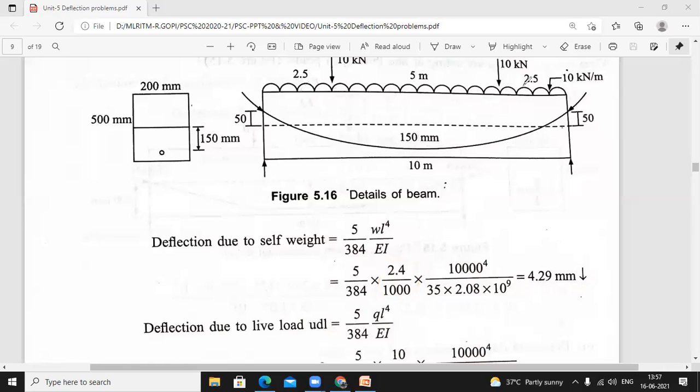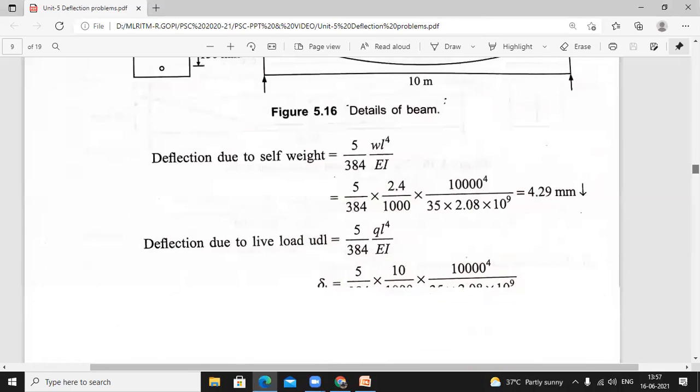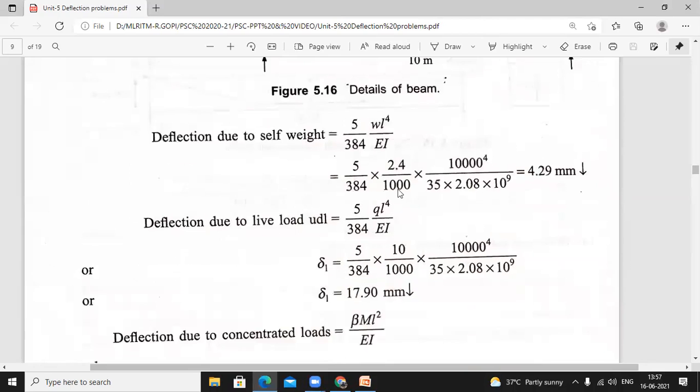Okay. So next, coming to live load. There are two types of loads. First, we have to calculate the UDL. So for UDL, what is the formula? Same formula, 5 by 384 into WL power 4 by EI. Instead of W, for identification of live load, they mentioned Q. So substitute the values, 5 by 384 into the UDL live load, it is 10.